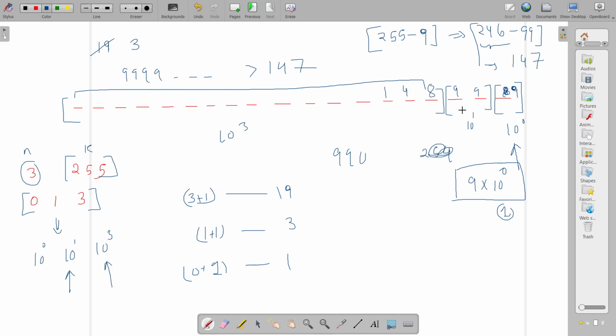So you'll have a sequence of 9s, and then if the value is greater than the remaining value of k, then you will add k plus 1. You see, you cannot put 147 here because you can obtain 147,999 using exactly 255 coins. So you have to put 148.